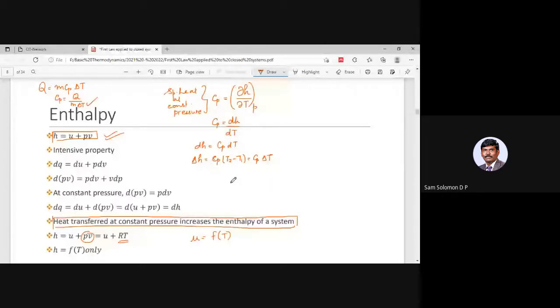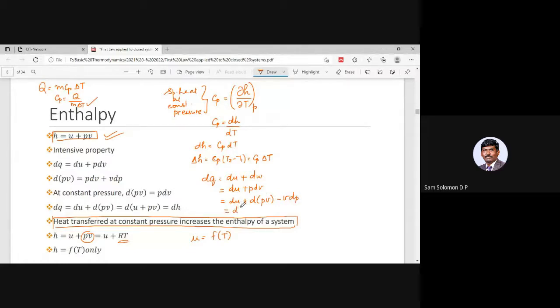And then what we did, we use the first law, dq is equal to du plus dw, just like we did in the previous case. You can retain du, you can write this pdv, and this pdv you can replace as d of pv minus vdp. I showed you that in the previous slide, so I'm writing it directly.